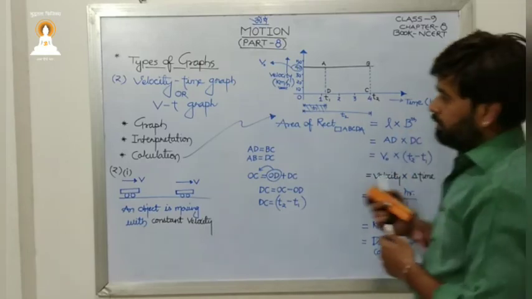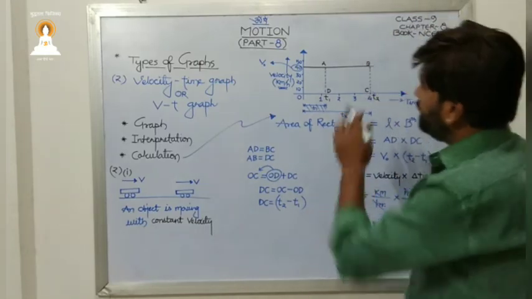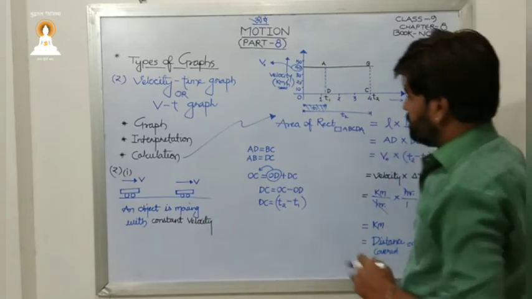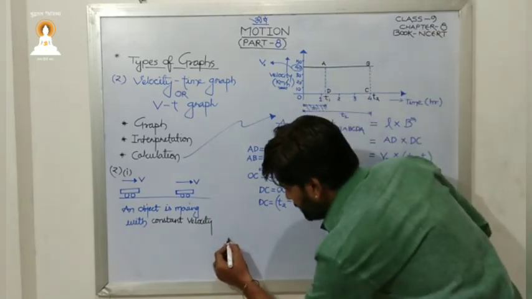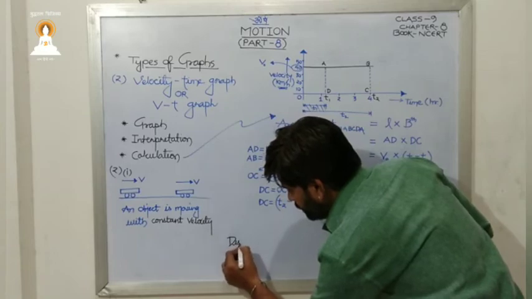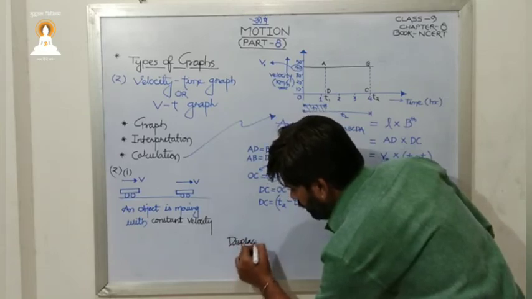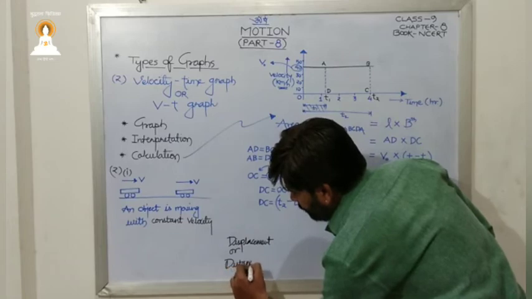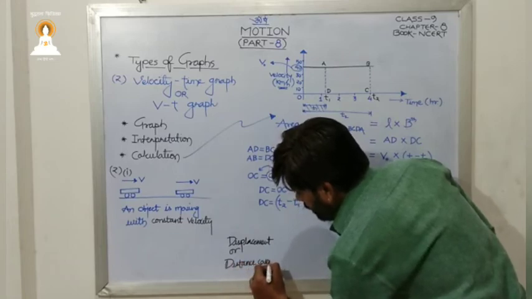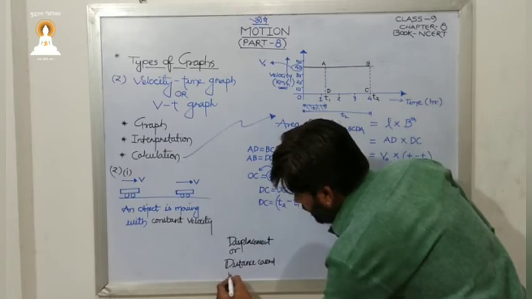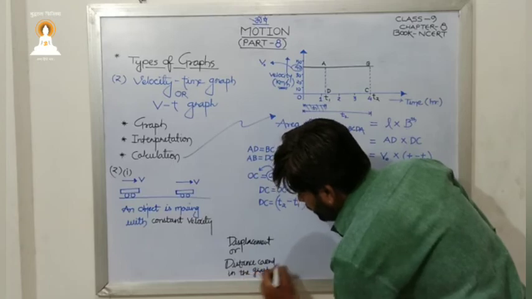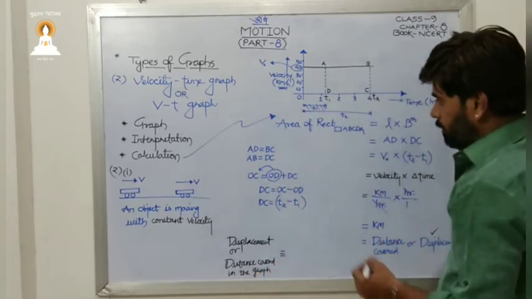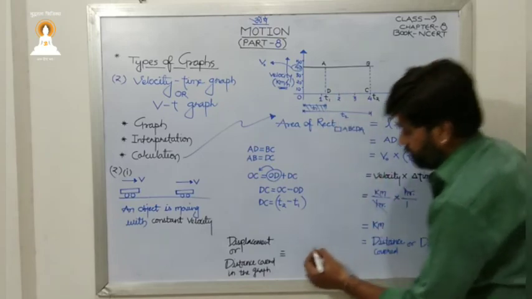Now this was the calculation part. Now interpretation. So what can we interpret from this? From this we may interpret that the displacement or distance covered in the graph is nothing but the area under the graph.